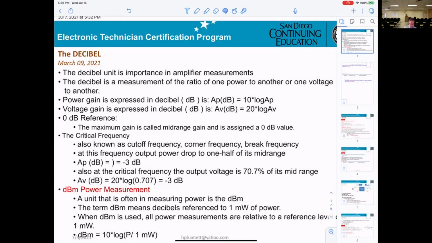0 dB reference. The maximum gain, that's what we call the mid-range gain, is assigned to 0 dB.